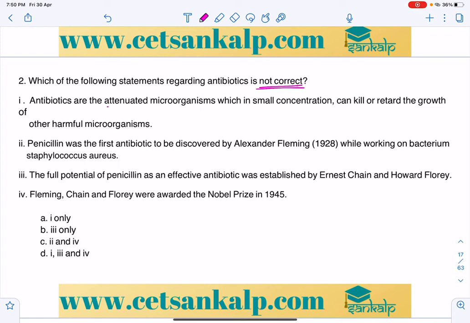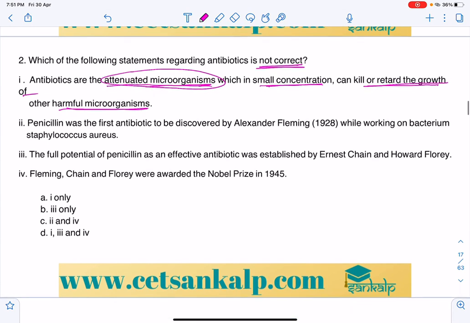So antibiotics are attenuated microorganisms which in small concentration can kill and retard the growth of other harmful microorganisms. So generally these are substances, right? They are not attenuated microorganisms, right?